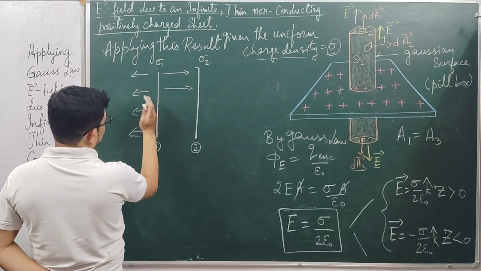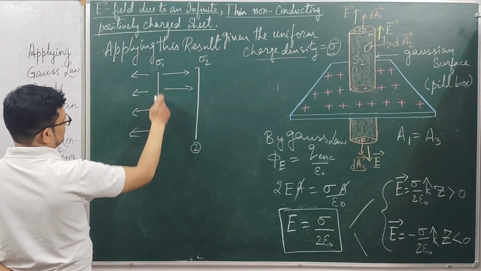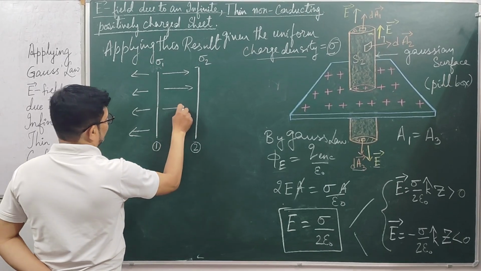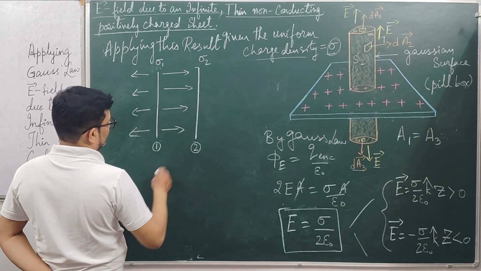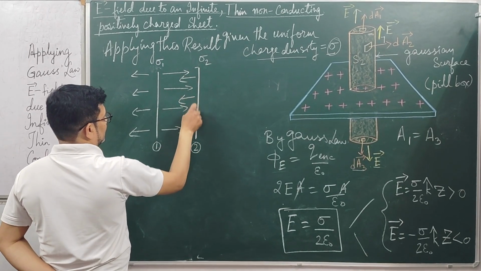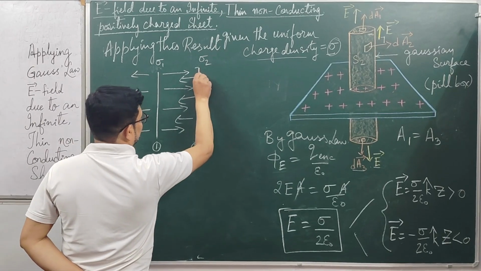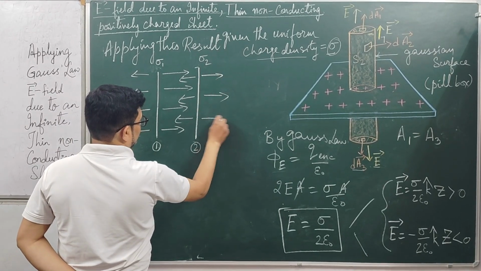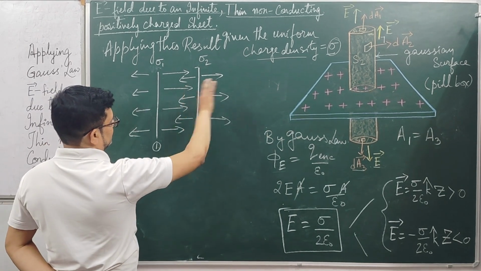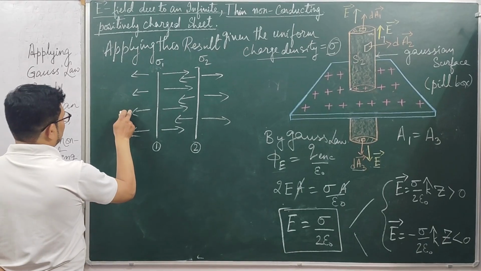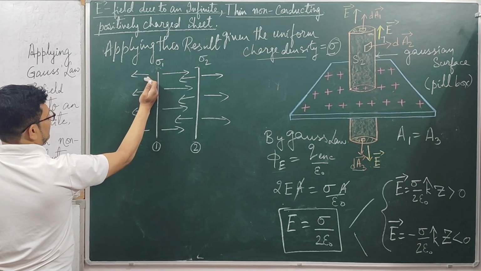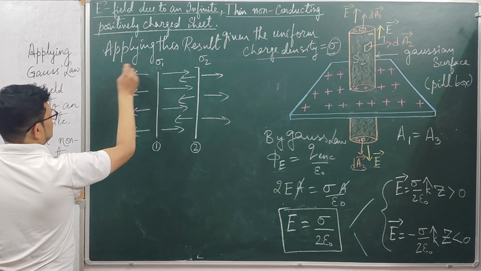Because of this having surface charge density sigma 1, we'll have electric field going out in this way. And because of this, we'll have electric field going in this direction. Similarly here, it's going to be uniform in this direction.